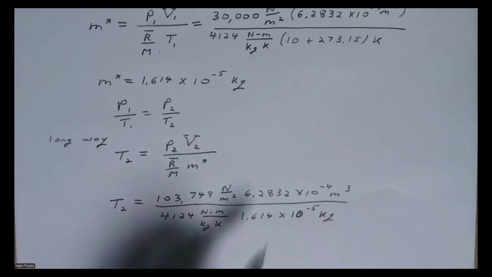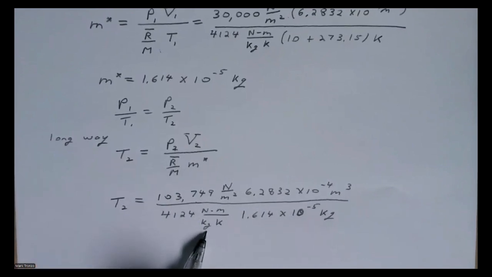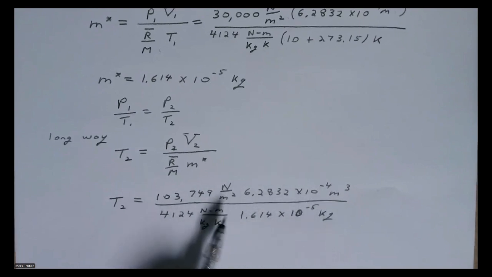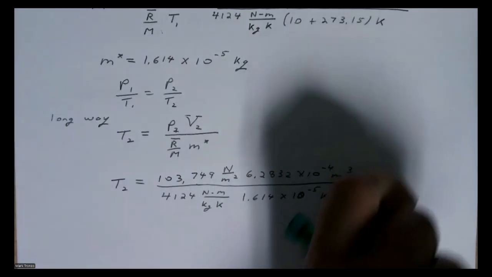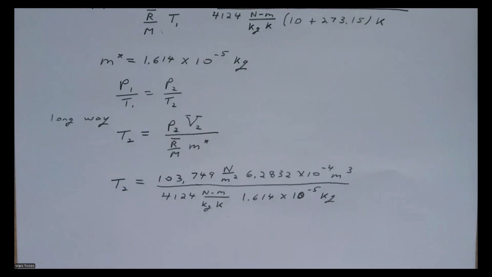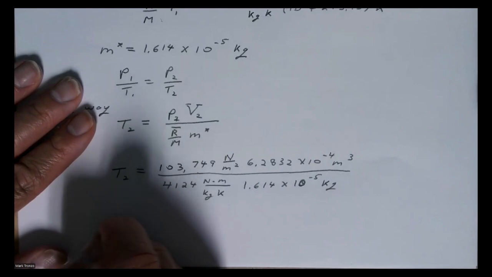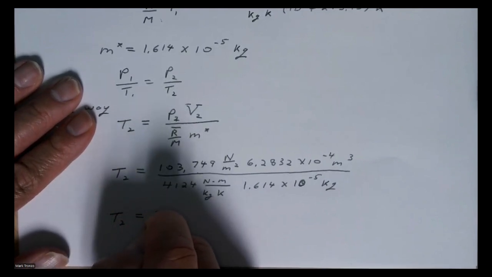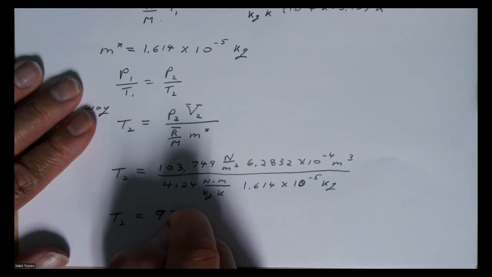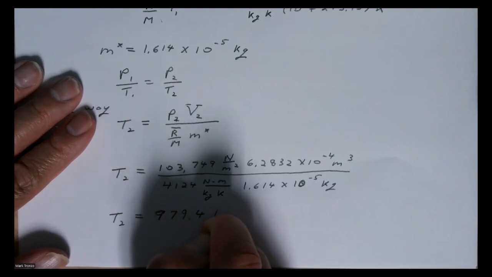And just double check the units. Kilograms cancel. Newtons cancel. Meter cube here. We put these together, we'll have 1 over the fraction 1 over K, which is what we want for temperature, because when we do the reciprocal, it'll just be K. And T2, then, when you put this into your calculator, is 979.4 Kelvin.